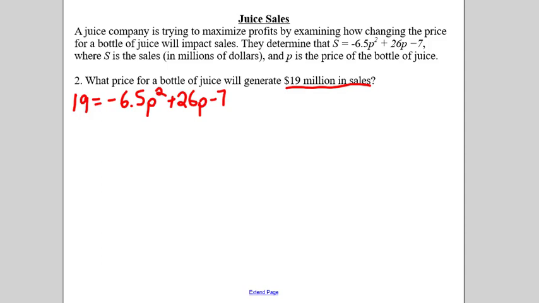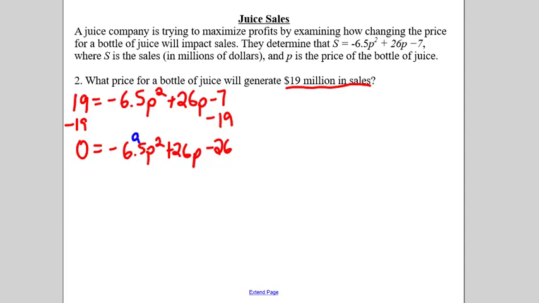So to solve for P, I need to put this in general form. So I'm going to subtract the 19 from both sides. That will give me negative 6.5 P squared plus 26P minus 26. Now, that looks challenging to try to do any type of factoring, so I'm going to use the quadratic formula to help me solve this.